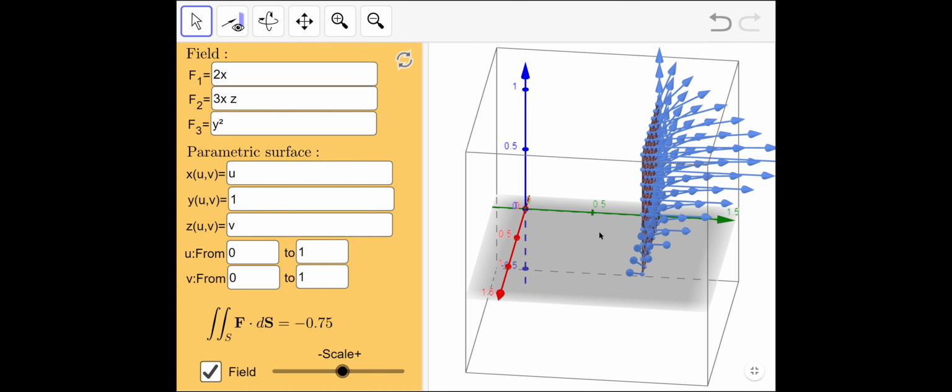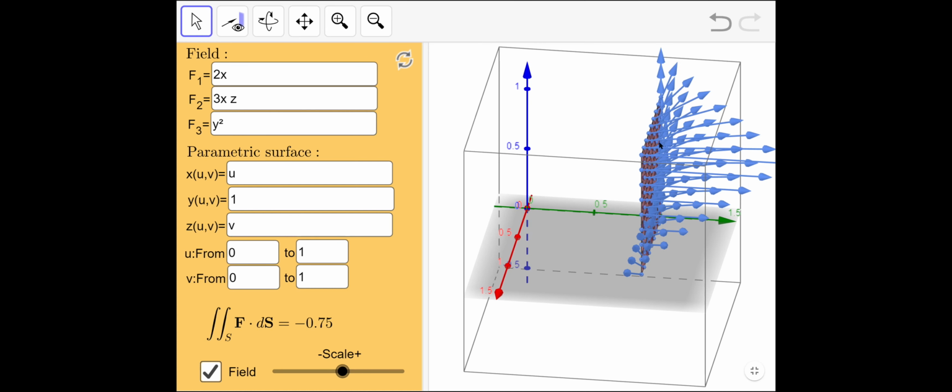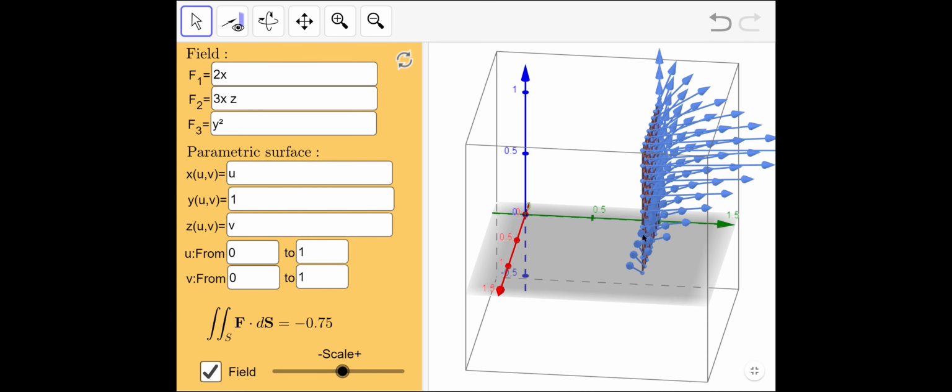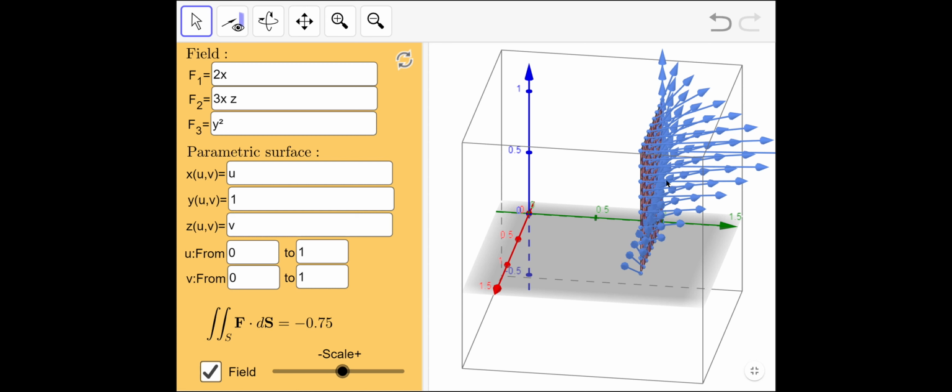But for your parametric surface S over here, unfortunately, the RU cross RV is giving me a direction for the surface S that's pointing in the opposite direction. So when I work this out, overall I'm going to get a negative answer, because your flow is in the opposite direction to what I want, basically.